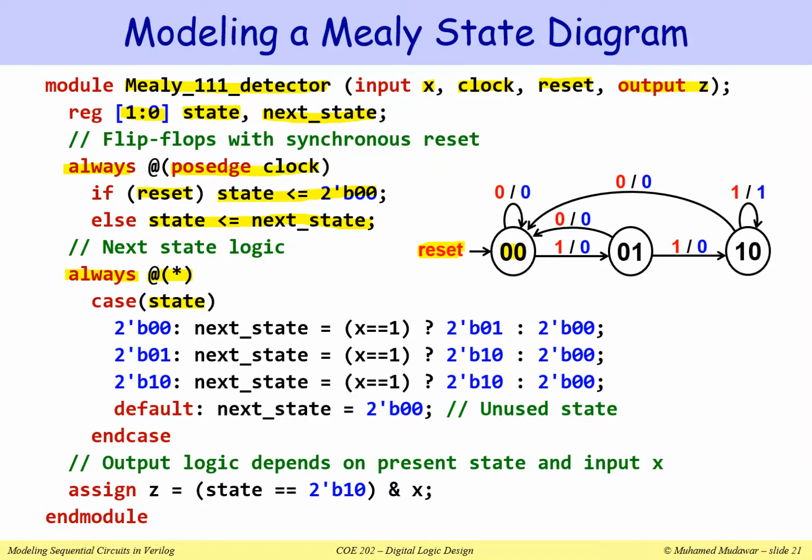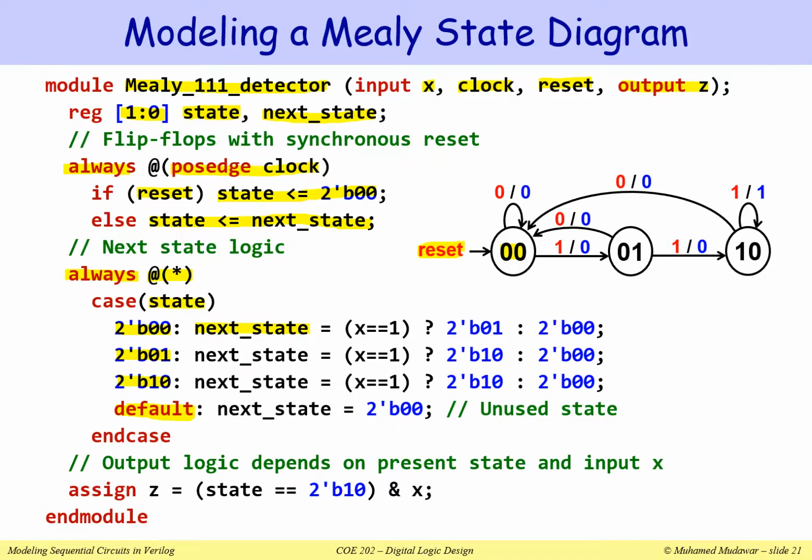So what this always statement is describing is the next state. The next state depends on the present state as well as the input X. The present state can be either 0, 0 or 0, 1 or 1, 0. There is also a default case, which is actually for the unused state, when the state is equal to 1, 1.